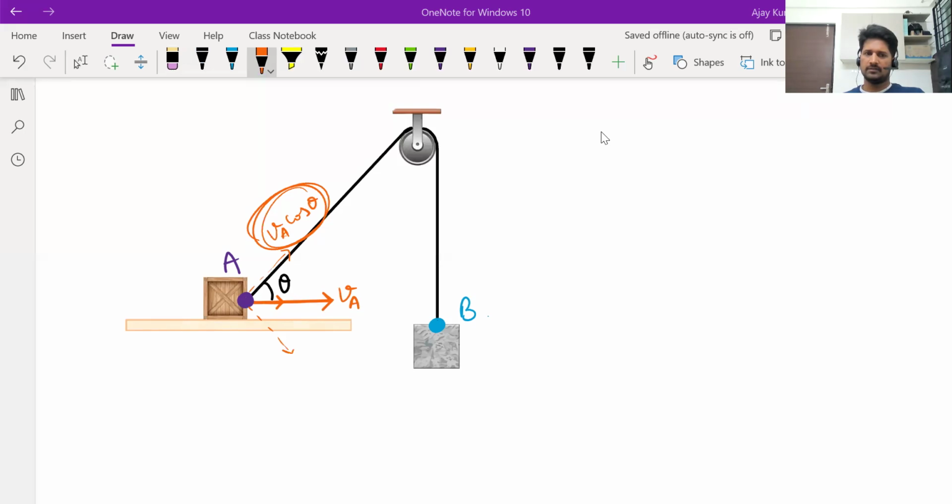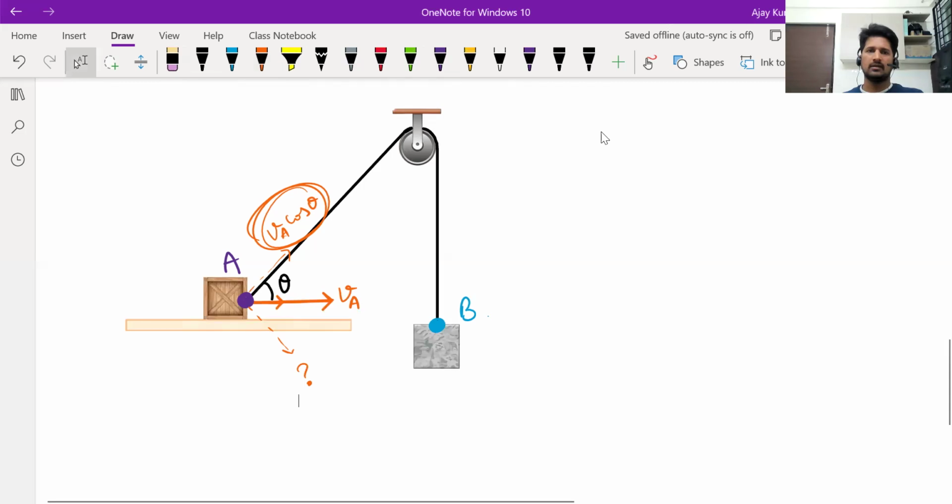Pawan, do you agree with this? Yes, sir. Fine, it is like that. The velocity of end of the string along the length of the string is what makes the string longer or shorter. What about the other component? Can't it make the string longer or shorter? No, it can only make the string rotate.